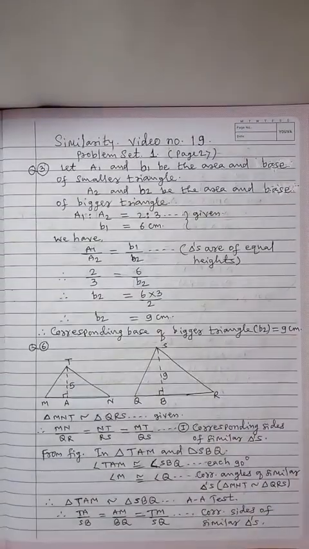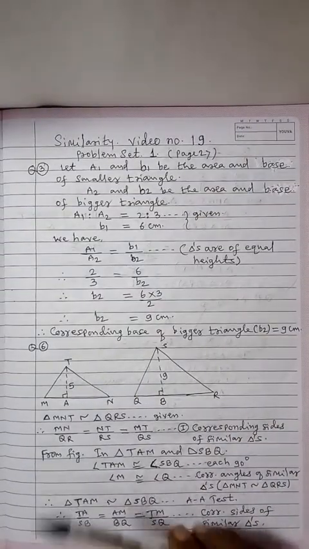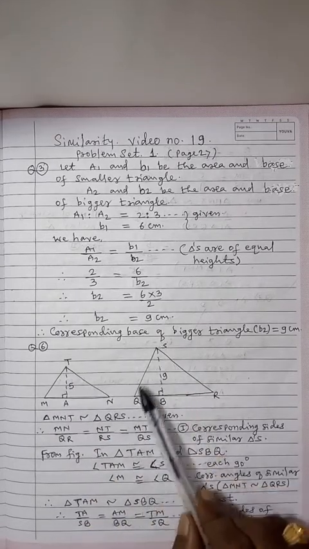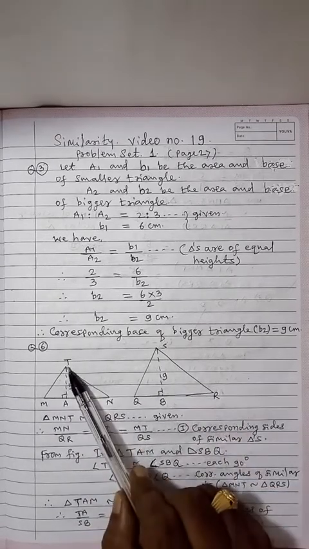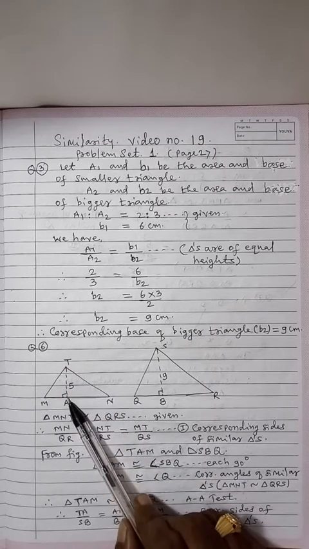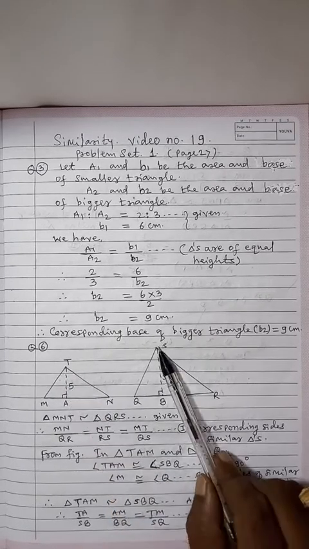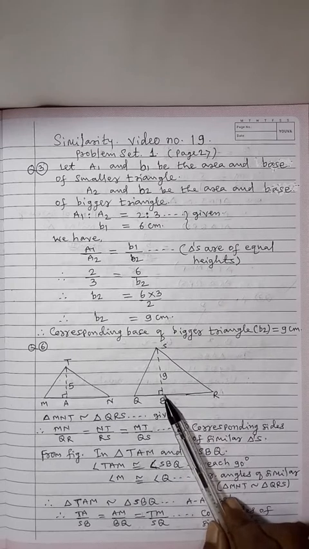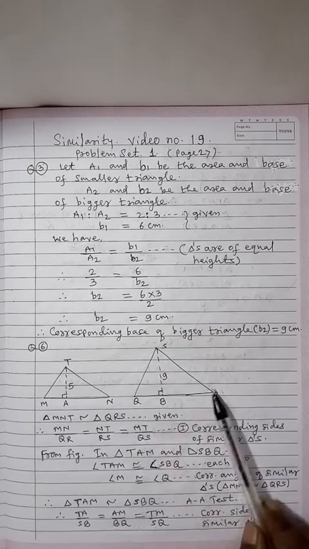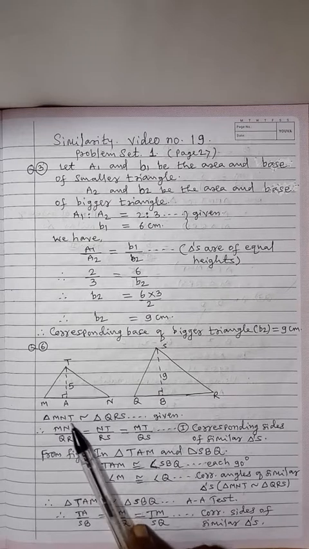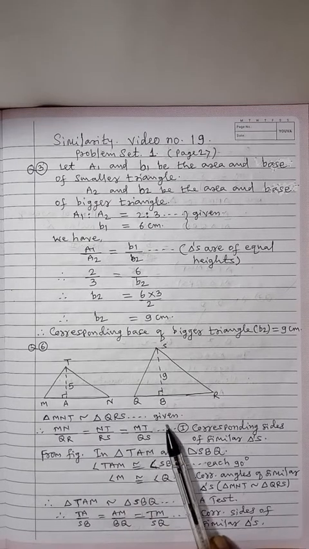So, we will go to the solution. Here it is triangle TMN and triangle SQR. TA is the altitude of triangle TMN and SB is the altitude of triangle SQR. Now here, triangle MNT is similar to triangle QRS.